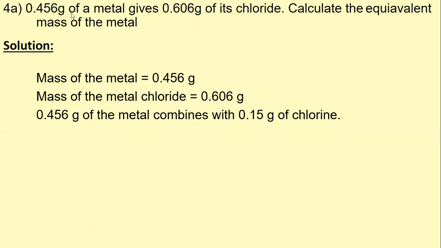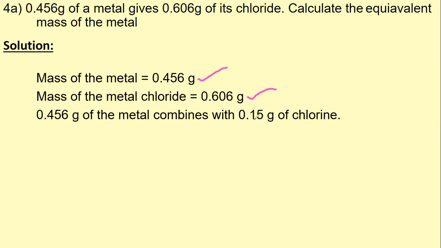Here in the question they mentioned the chlorine, that is chloride. So now we have to calculate for the chloride. They have given already in the previous step metal and then metal chloride. So now we have to calculate for this chlorine. If you subtract the metal from the metal chloride, we get the answer 0.15.